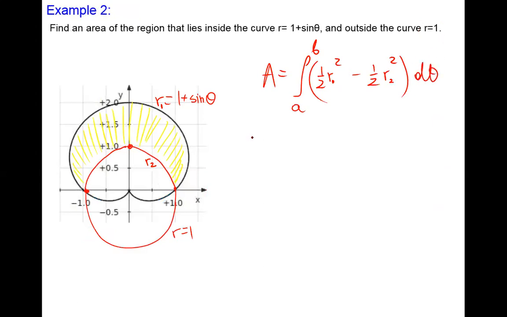And I can still put 1/2 possibly outside, 1 plus sine theta squared minus 1 squared d theta.